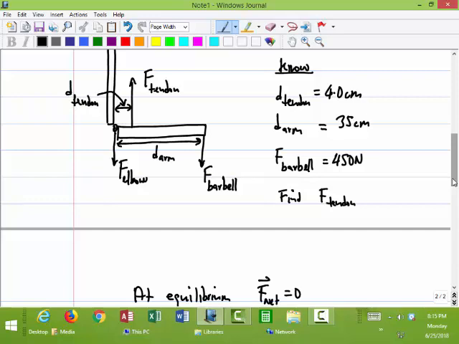So the torques are due to the force from the barbell acting downwards and the tendon pulling upwards. Those would tend to rotate in 2 different directions about the hinge. The force from the tendon would tend to rotate the arm upwards in a counterclockwise direction, and the force from the barbell would tend to rotate the arm downwards in a clockwise direction.